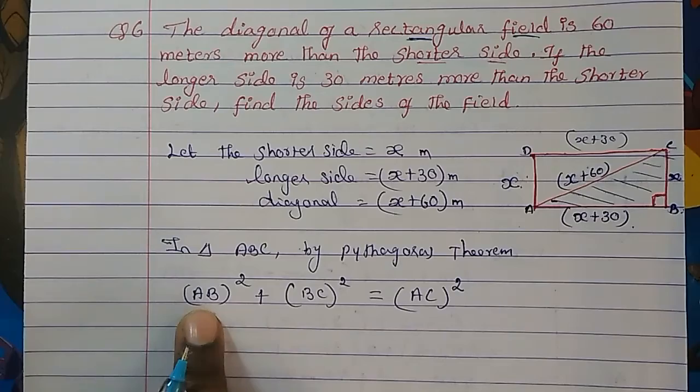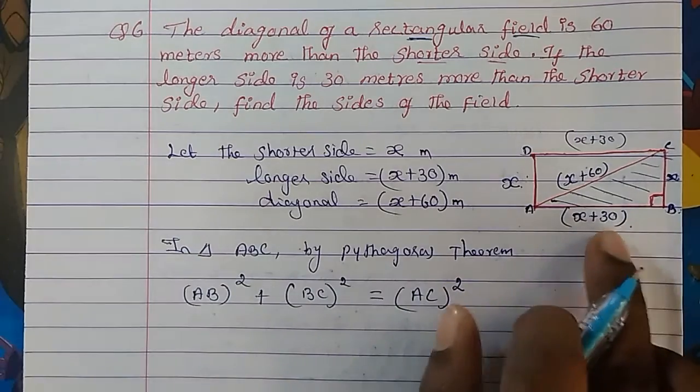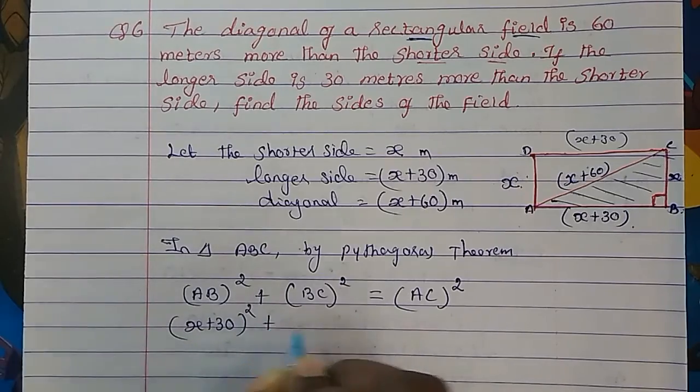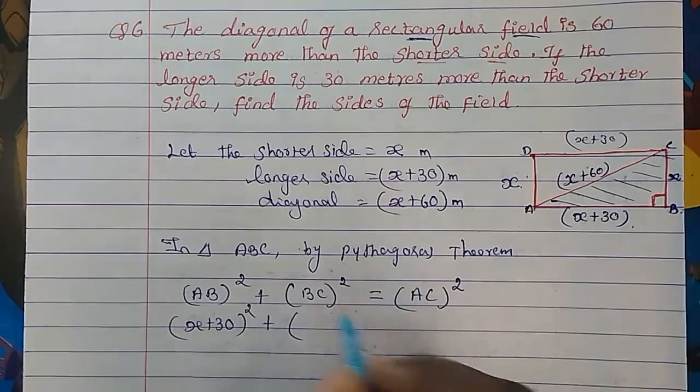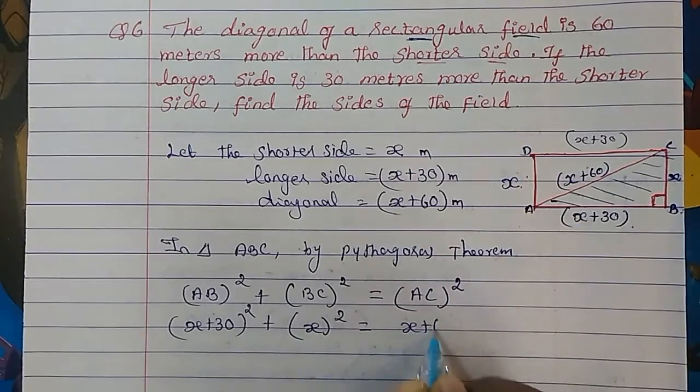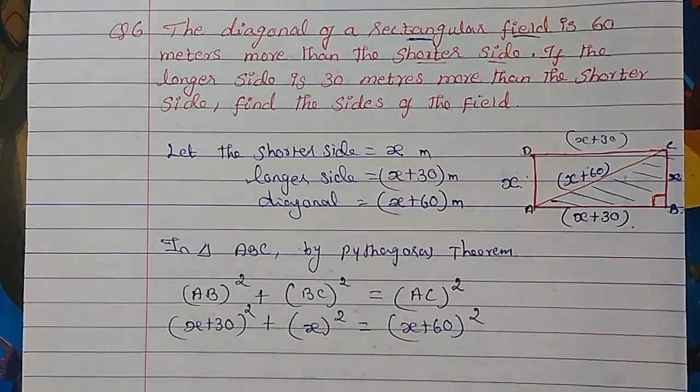Let's put the values. AB is x plus 30 whole square. BC is x whole square. AC is x plus 60 whole square.